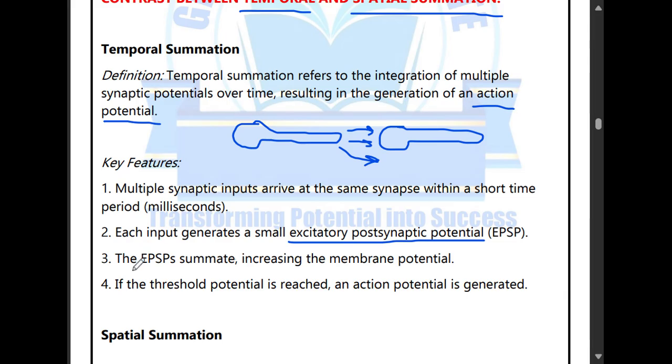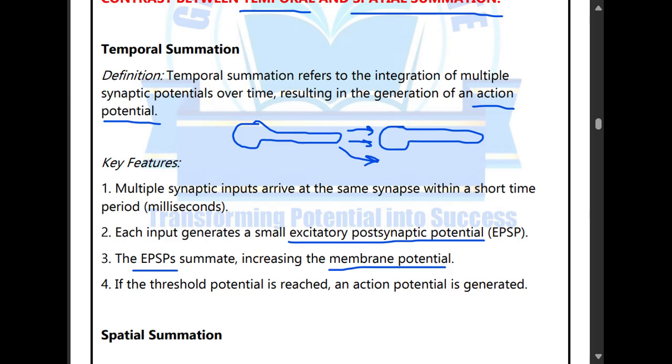These excitatory postsynaptic potentials will summate, or add up, and when they add up, they increase the what? The membrane potential. Once the membrane potential has increased and the threshold has been reached, which in neurons is negative 55 millivolts, an action potential is generated.